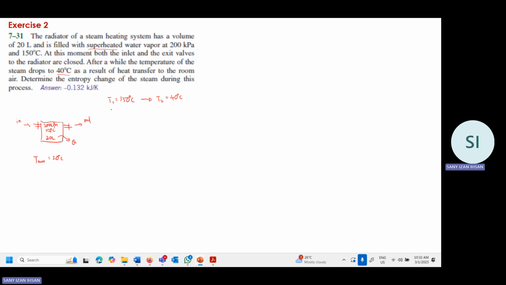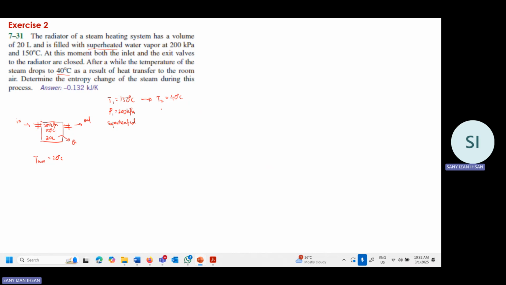All right, state one, we know that T1 is 150, P1 is 200 kilopascal, and superheated vapor. We know state one already. We are not sure about state two. Pressure is not mentioned to be constant, but we know that it is a rigid tank in this case, since there is no mass flow in and out at this moment.